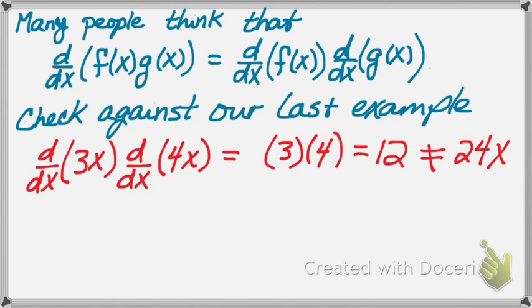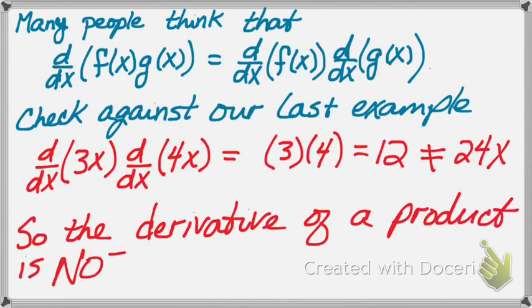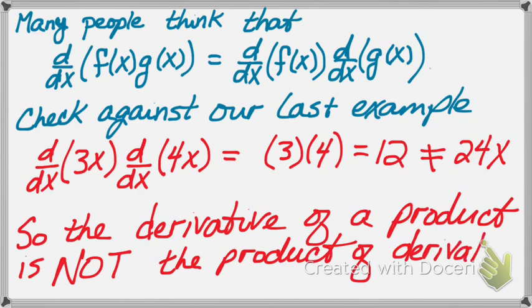So that means the derivative of a product is not equal to the product of the derivatives. So make sure this is written somewhere. The derivative of a product is not the product of the derivatives.